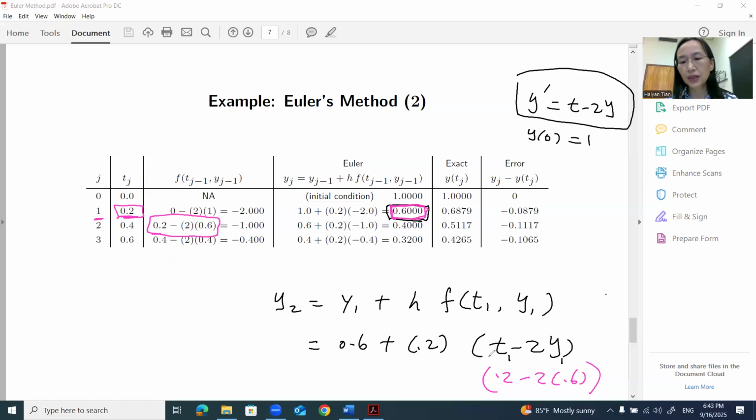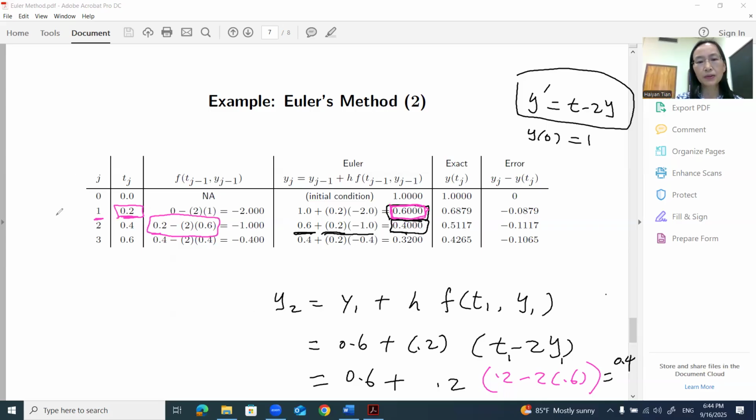First, you need to evaluate the right-hand side function, then multiply it by 0.2, and then add y1, 0.6, to the product. Finally we get y2, and that is 0.4.